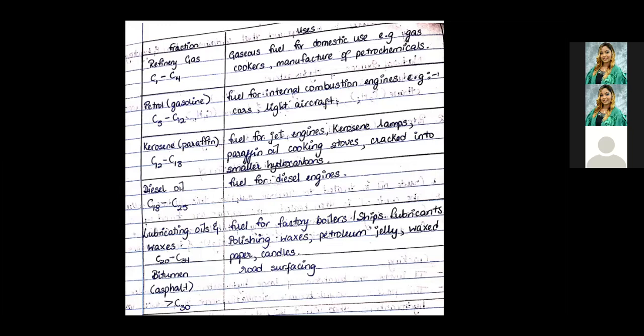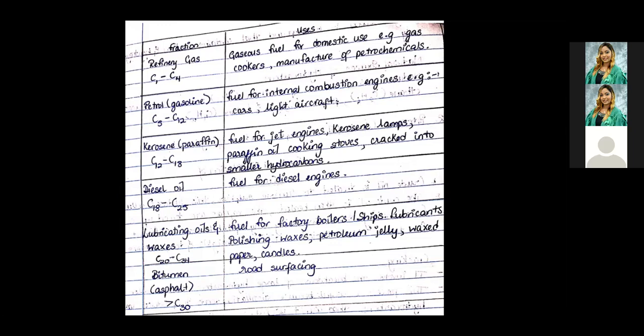We have kerosene, which is also known as pitch oil. It is used as fuel for jet engines, kerosene lamps, paraffin oil, cooking stoves, and it can actually be broken down into smaller hydrocarbons.